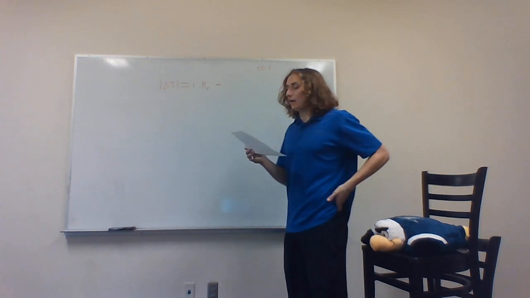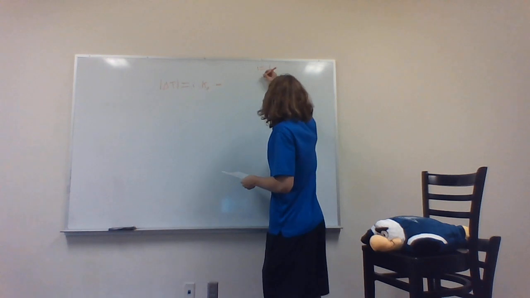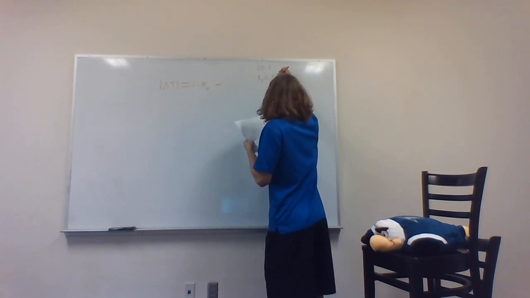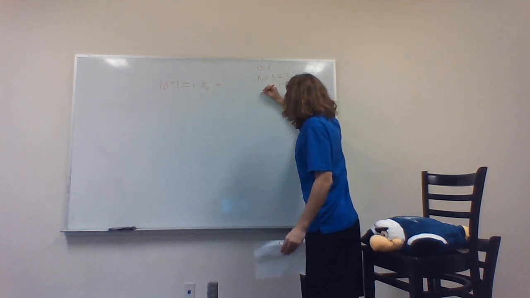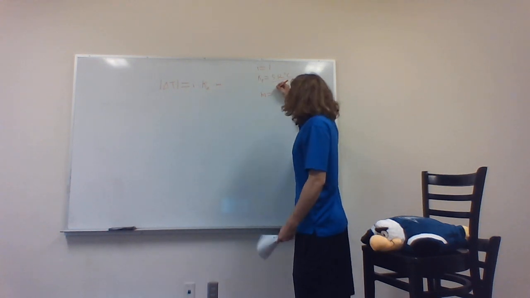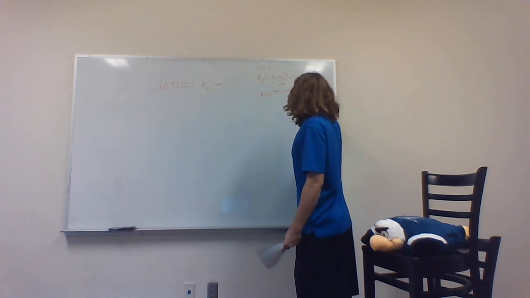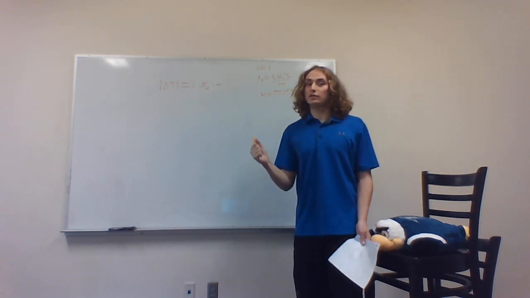Kf is the molal freezing point constant of benzene, which they gave to us. So Kf is equal to 5.12 degrees Celsius per molal. Molality is moles of solute X, because we don't know how much, over kilograms of solvent.